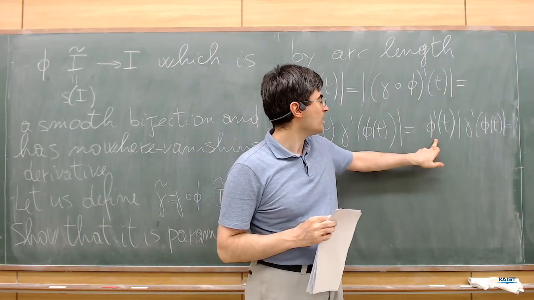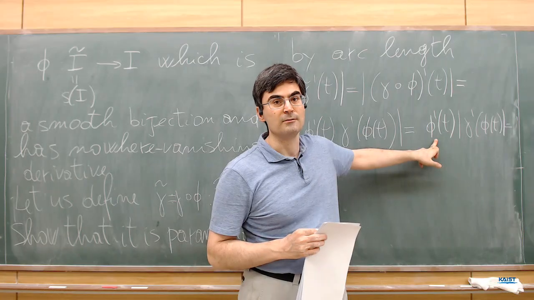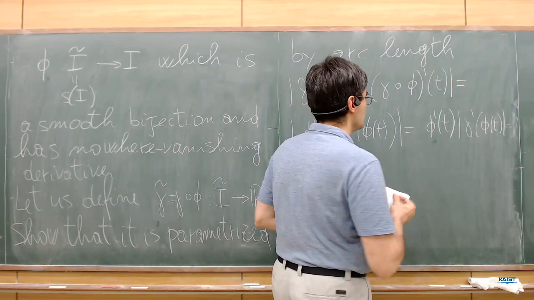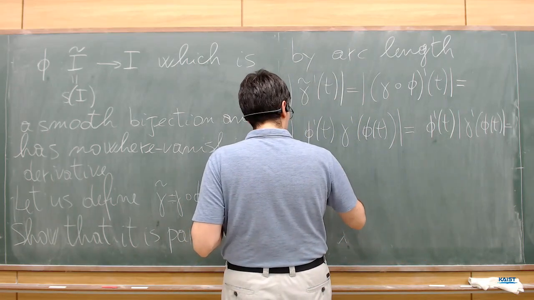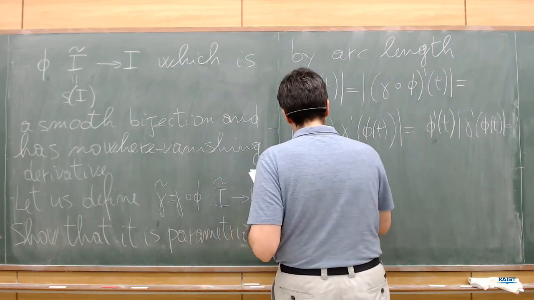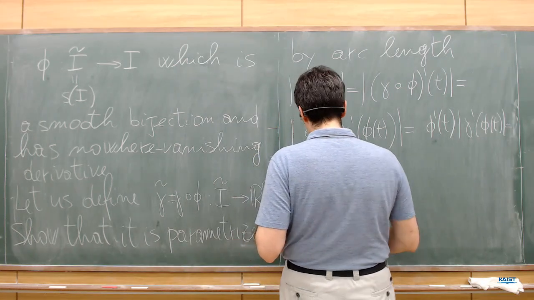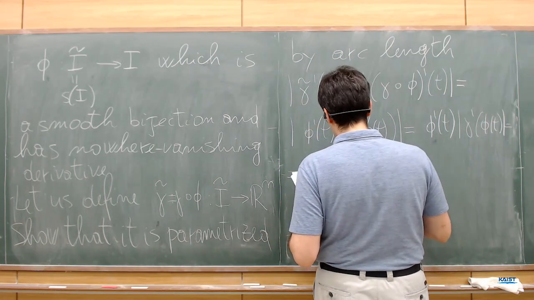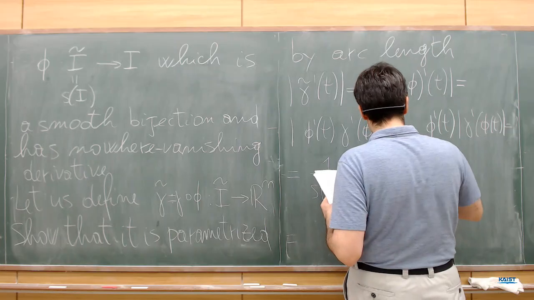We need the formula which gives us the derivative of the inverse function. Phi is the inverse of s, so phi prime of t will be equal to one over s prime evaluated at phi of t, times the length of gamma prime evaluated at phi of t.